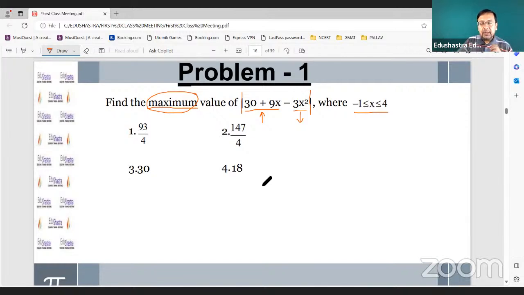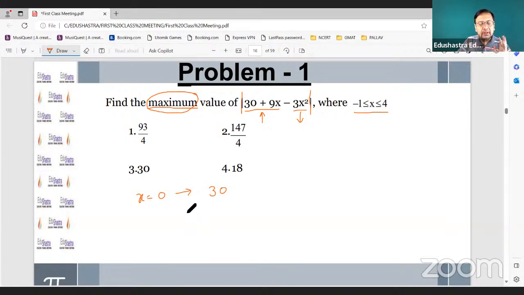In this range from -1 to 4, if I take different values, what is the simplest value where my calculation is simplest? That is x equal to 0. Putting x equal to 0, what value am I getting? 30, because 9x becomes 0 and 3x squared becomes 0.